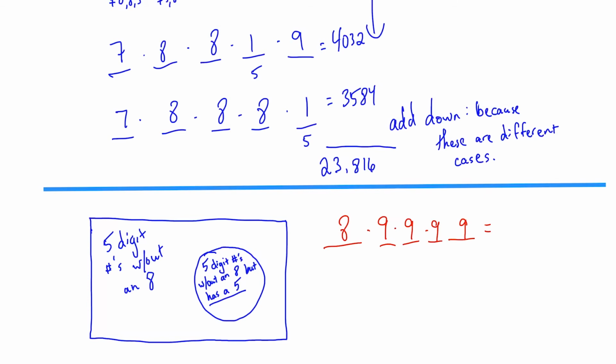Now, what we're going to do is we're going to remove everything that's outside of the circle, because what we're actually trying to do is come up with 5-digit numbers without an 8, but it must have a 5, or at least one 5. It could be all 5s if we really wanted it to.